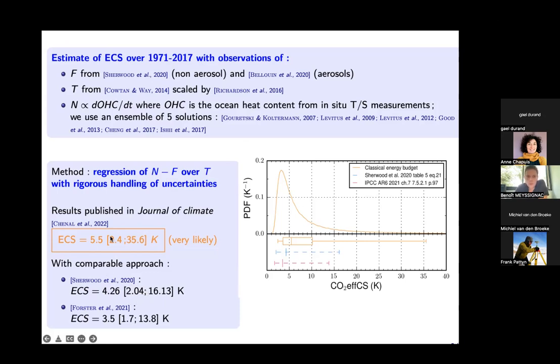We couldn't find the same constraint as the one we find if we use an estimate of N minus F derived from climate models in 1860. Climate models indicate that in 1860, potentially in climate models at least, the climate system was already uptaking heat because of CO2.